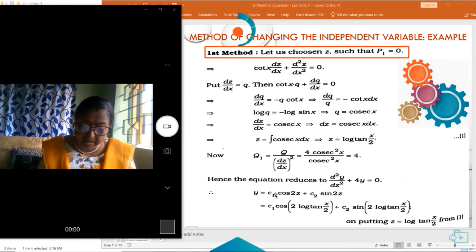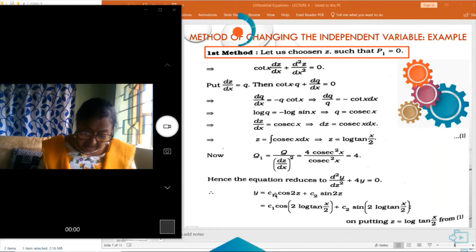Here we have taken p1 is equal to 0, and after that we get q1 is equal to 4. So we write it as d2y/dz^2 plus 4y is equal to 0.